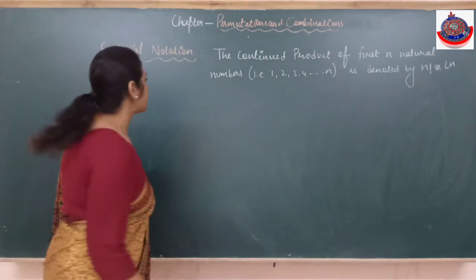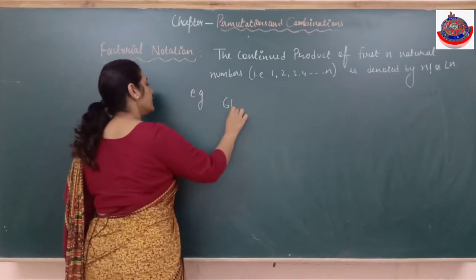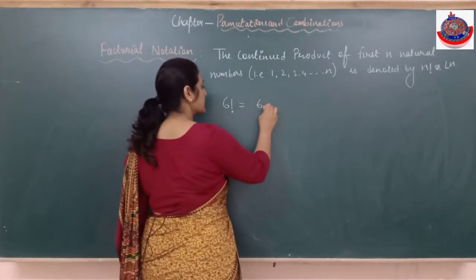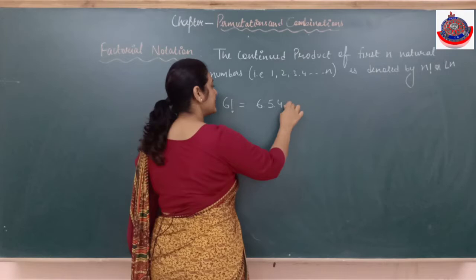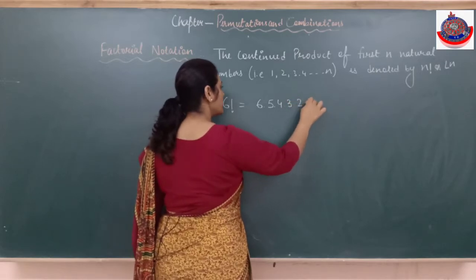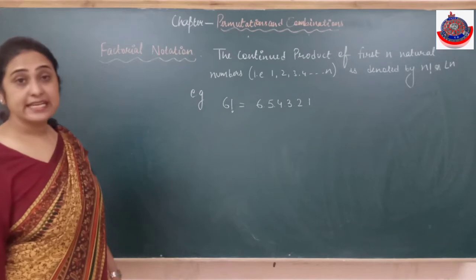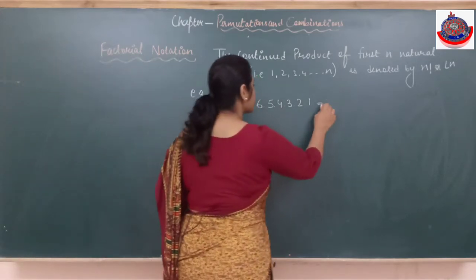I'll explain with an example, then it will be more clear. For example, 6 factorial. 6 factorial is 6, go till 1: 6 into 5, continued product. You can't miss any number. Into 2 into 1. Is it clear? Alright. That is 6 factorial. So it's a product.